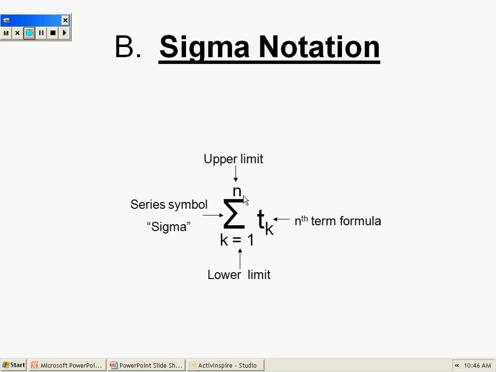So for example, if I had a 1 down here and a 5 up here, what I would do is plug 1, 2, 3, 4, and 5 into my nth term formula, so I'd get 5 numbers, and then I would add them all together. That's all it's telling us to do. The reason we have sigma notation is because these strands are really long numbers, and this is a way to condense everything. So let's go ahead and we'll do a few sample problems.